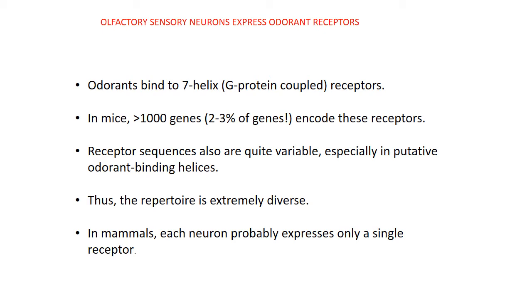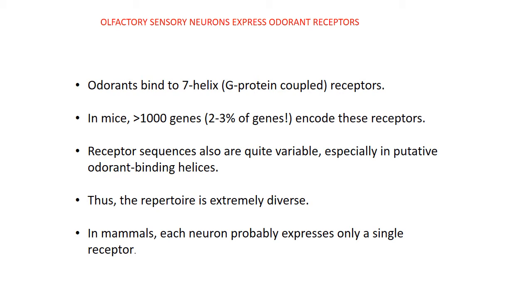The identity of these receptors was uncovered by using genetic techniques, and the surprising fact was that these odorant receptors, which are expressed in olfactory receptor neurons, are the most diverse type of G protein coupled receptors found in the body.